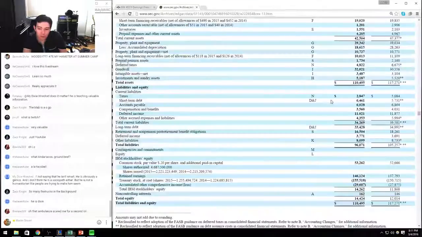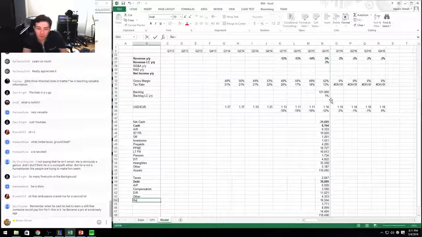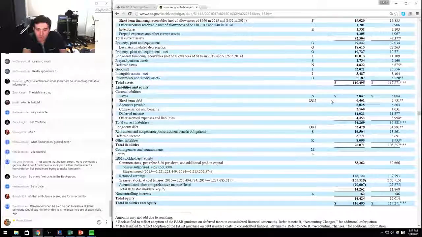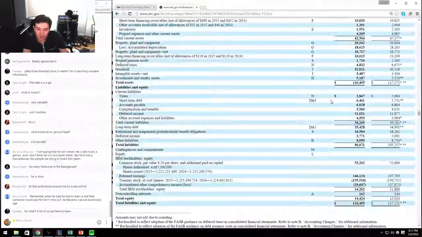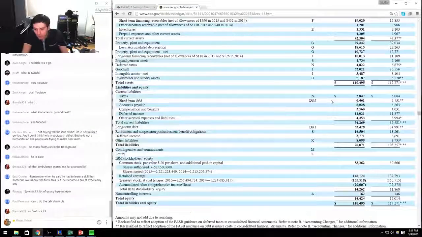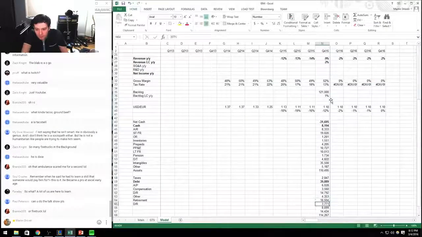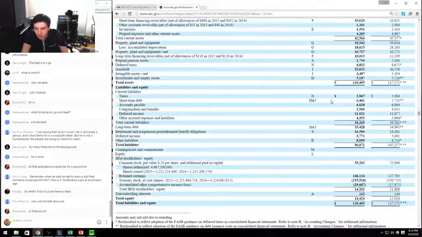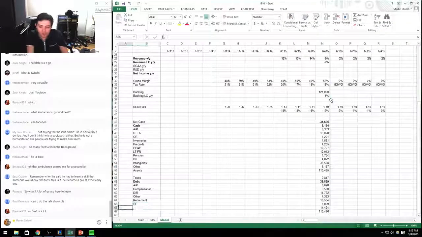Other. Retirement. Deferred. It's long-term deferred revenue. I should collapse those into one. 3771. Alright, 8099 is other. So shareholders' equity, liabilities plus shareholders' equity.